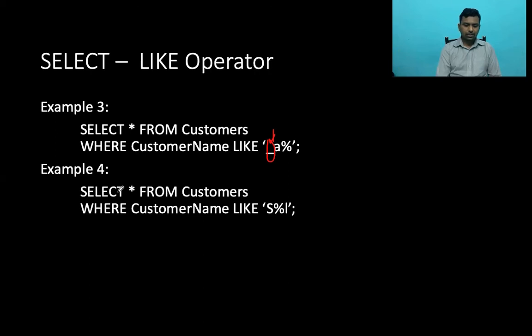Then here I say select star from customer where customer name like 'S%L'. So anything that starts with S and ends with L, in between can be any characters. Percentage means more than one, so in between can be any characters, but it should start with S and end with L.